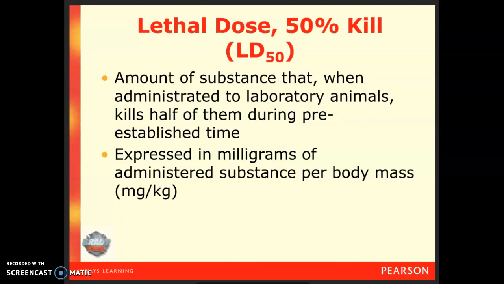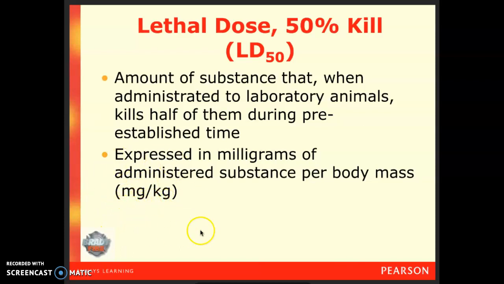And there's a time parameter associated with it. It varies by toxin and by animal. Now, we usually express LD50s in terms of milligrams of substance per kilogram of body mass.